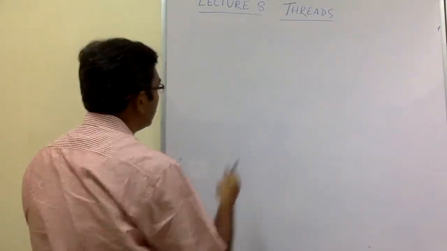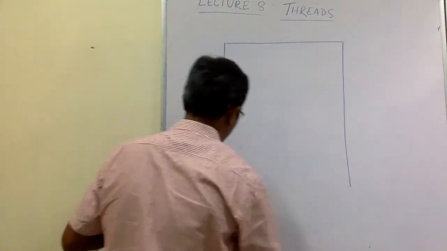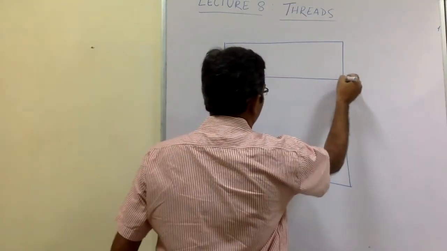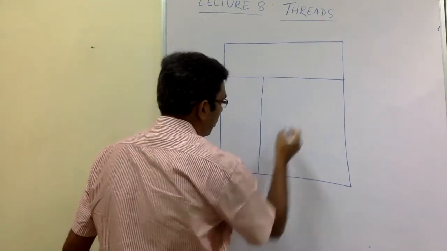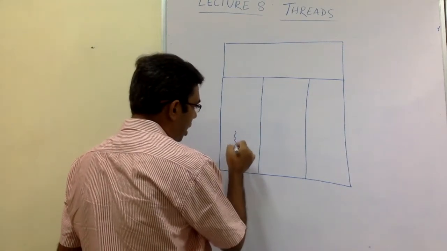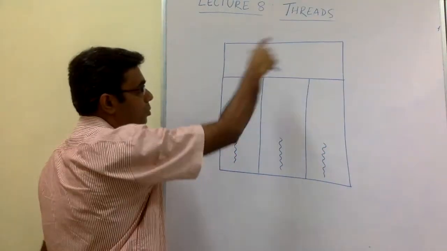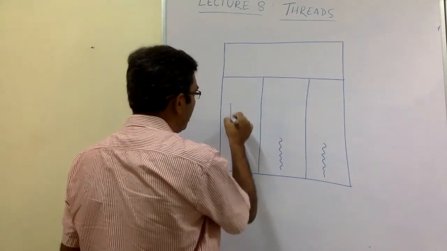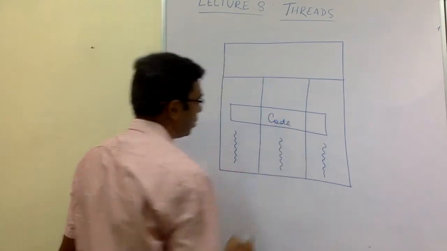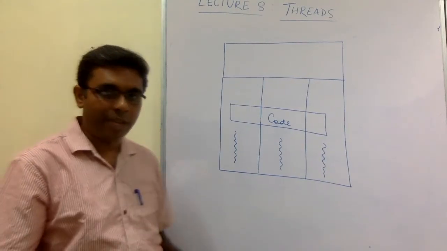So it's something like this: if we look at the memory image of a process, we can assume that there's some portion which is common, and now if these are the three streams of execution which have been created out of this process, these three streams of execution share the code. So you can consider the same text editor example.